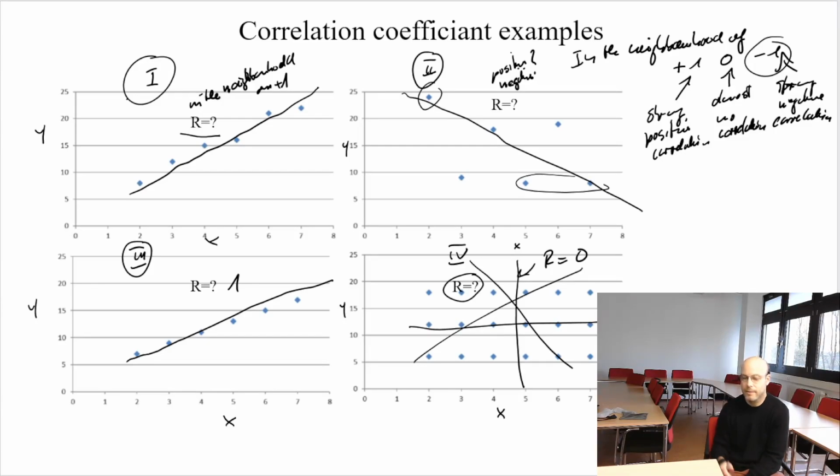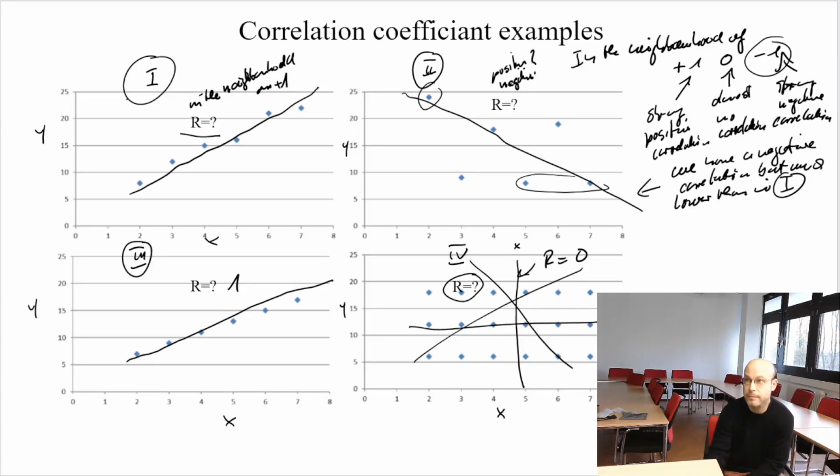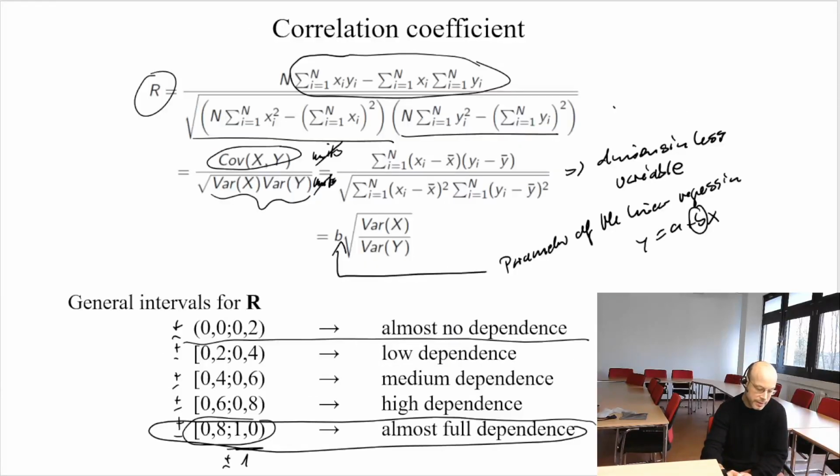And then we have a negative correlation, but much lower than in case 1. And then we can think of this maybe in the neighborhood of 0.4 or something like this.